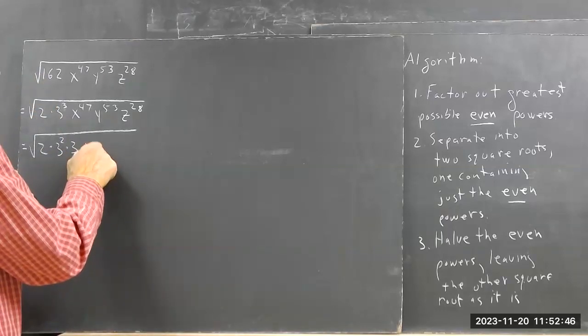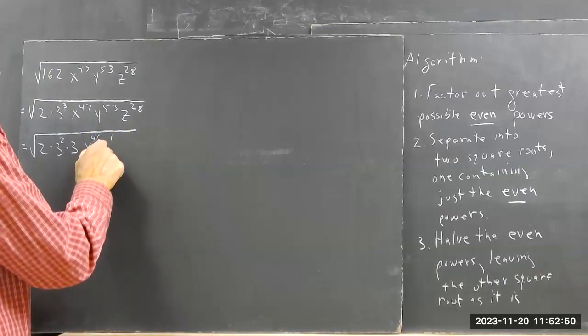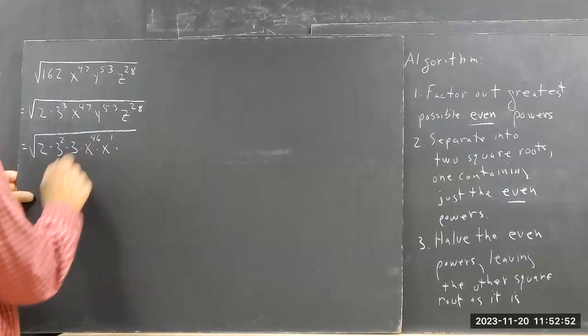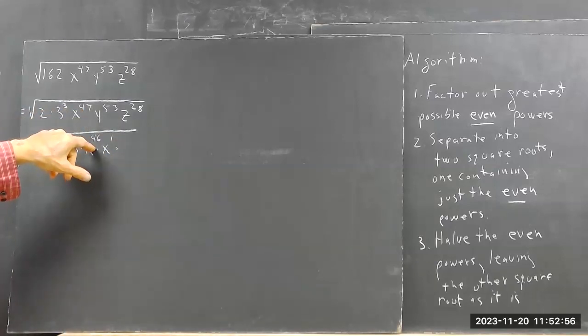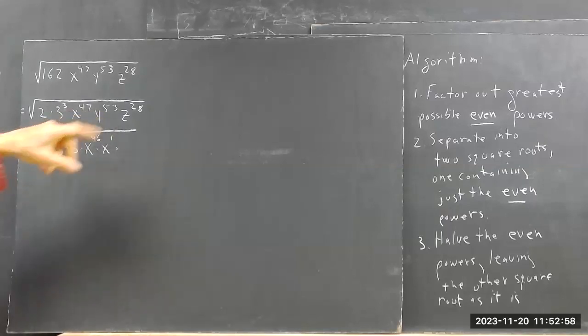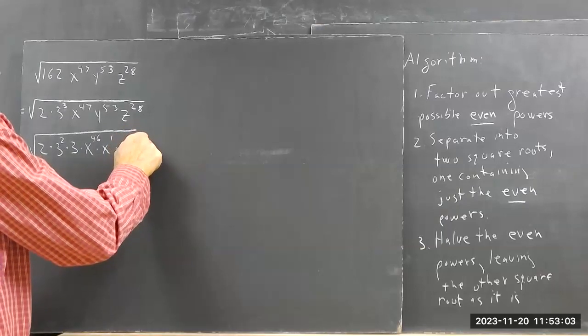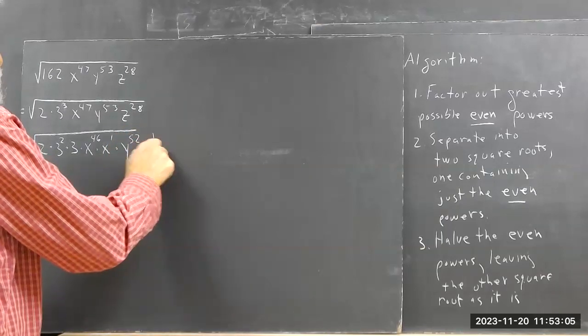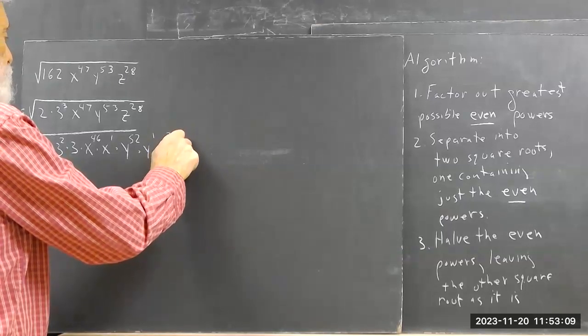And then x to the 46th times x to the 1, because we go to the biggest even power. Biggest even power less than 53 is 52. Then we have z to the 28th.